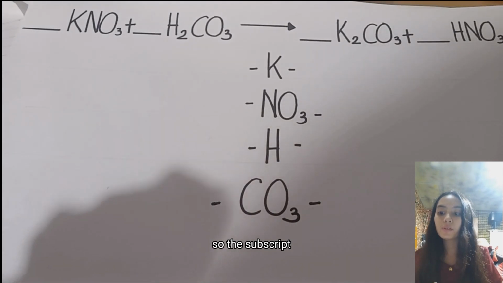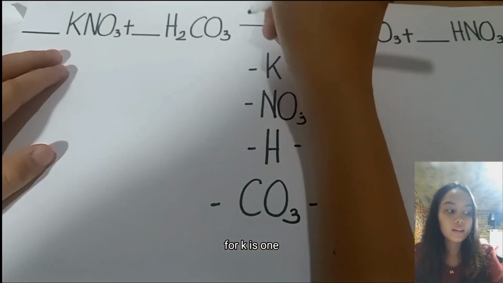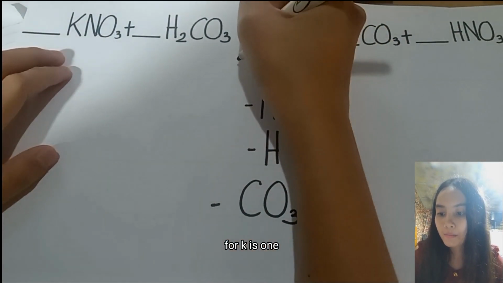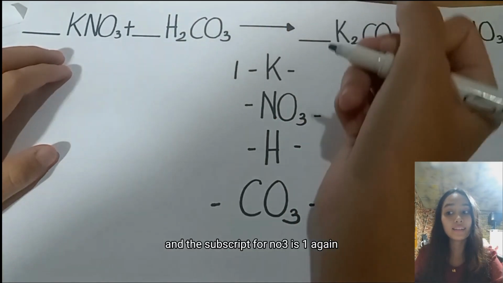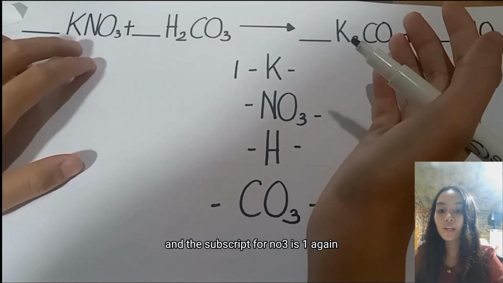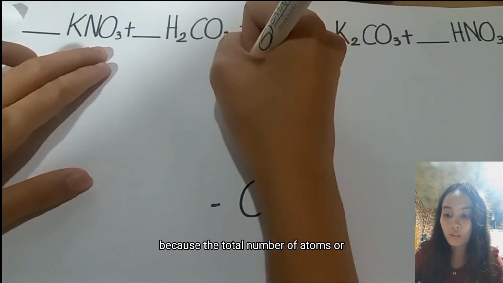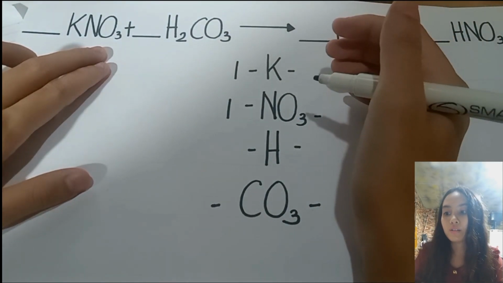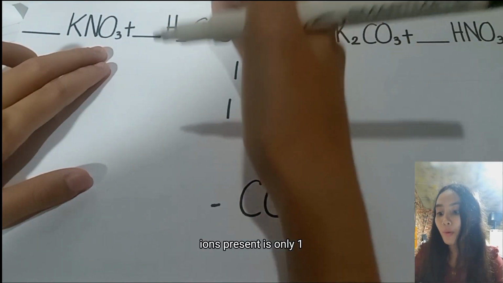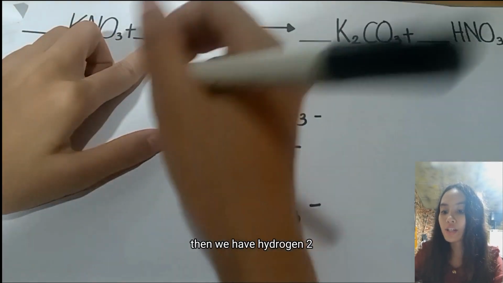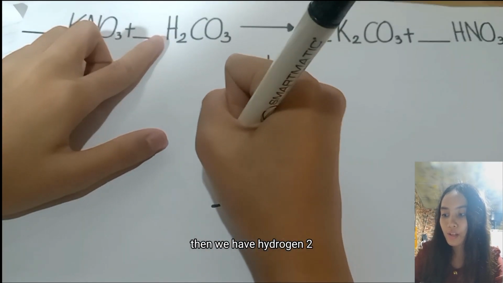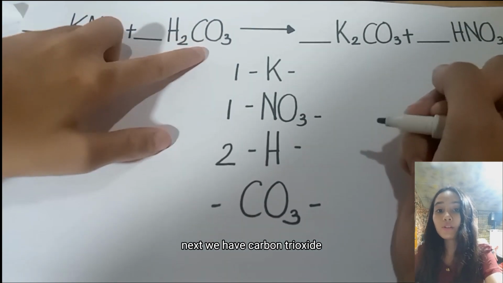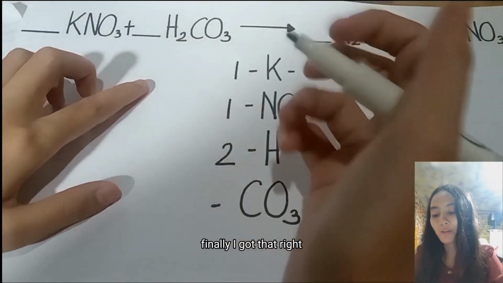We are now going to write their subscripts. So the subscript for K is 1, and the subscript for NO3 is 1, again because the total number of atoms or ions present is only 1. Then we have hydrogen, 2. Next we have carbonate, finally, I got that right.